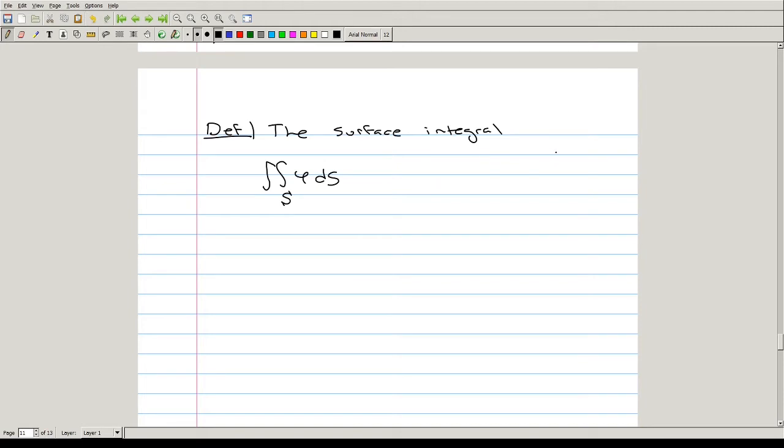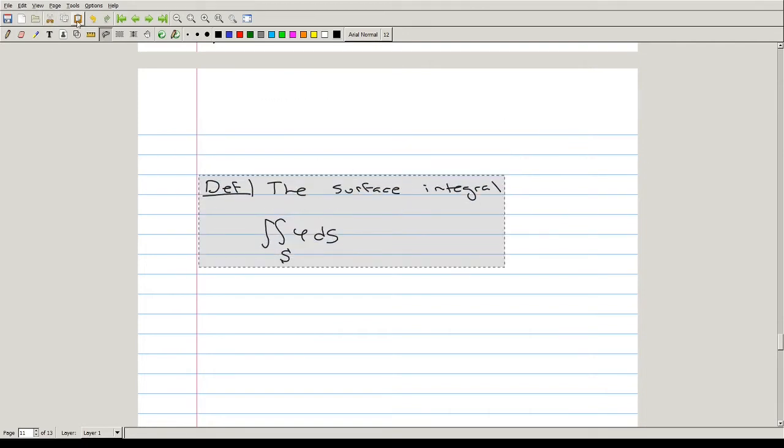And just for argument's sake, we'll draw a general kind of picture of this surface, just to have a nice diagram of what it is we're talking about.